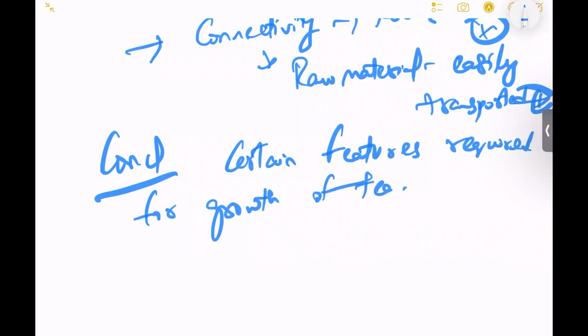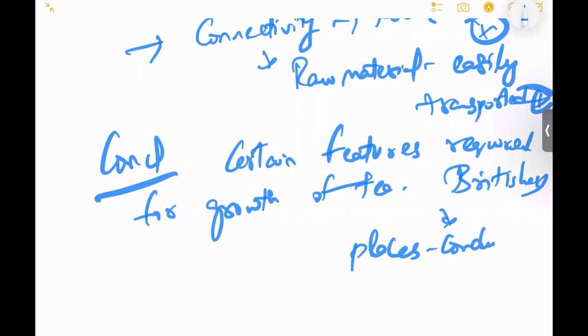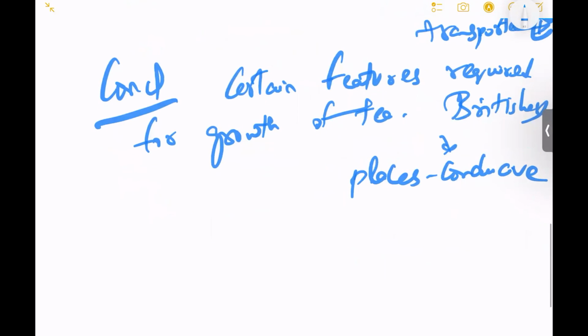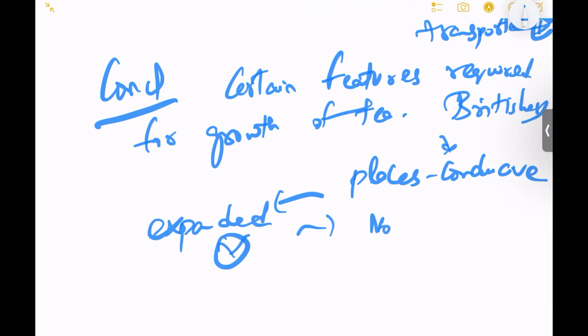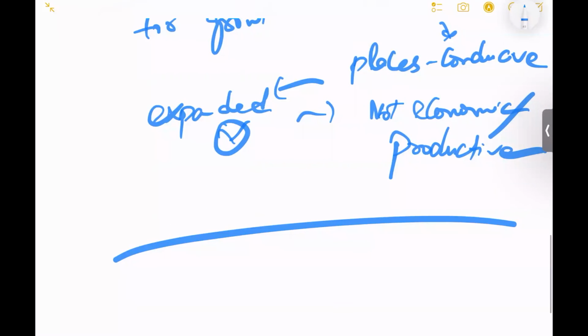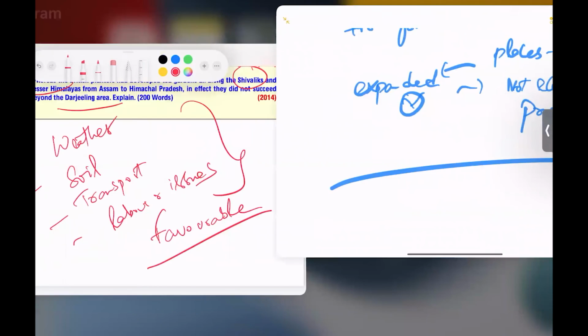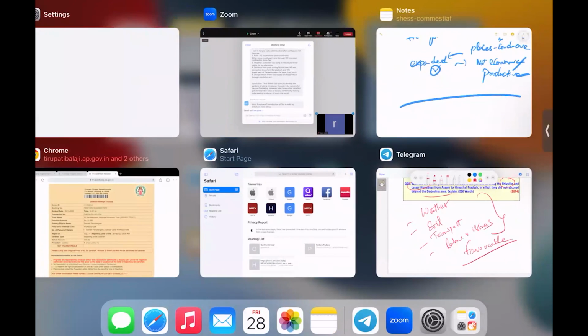So Britishers brought tea to those places which were conducive, and beyond that it cannot be expanded because it is not economic and productive. Okay, clear? Clear, sir. Yes, sir.